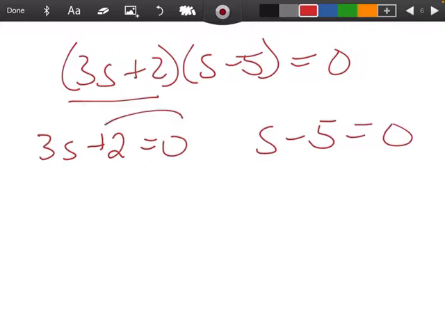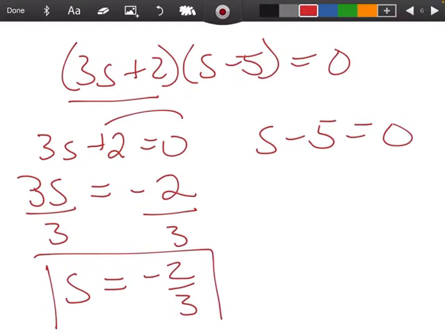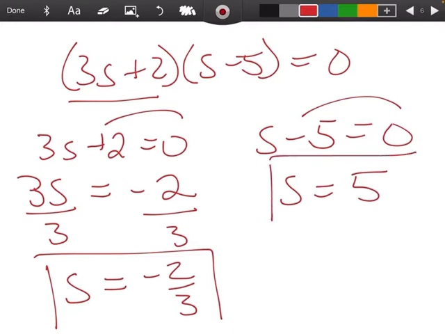When I move the 2 over, I get 3s equals negative 2. Then I can divide both sides by 3, so s is equal to negative 2/3. That's one answer. And when I move the 5 over, I get s is equal to 5.